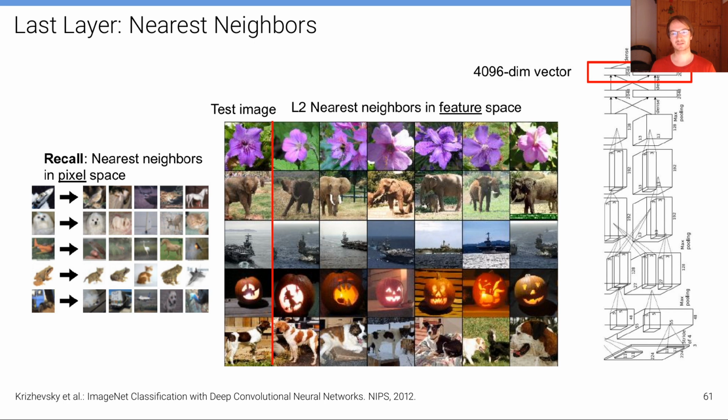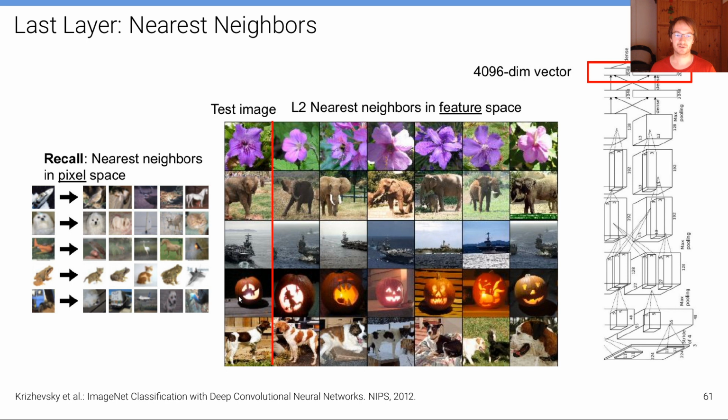And what you can see is that the network actually did something useful. The images that appear on top of this list ranked by this feature space embedding are actually images that are semantically very close to the test image that they are ranked against. In the case of flowers, we do get flowers. In the case of an elephant, we get elephants.